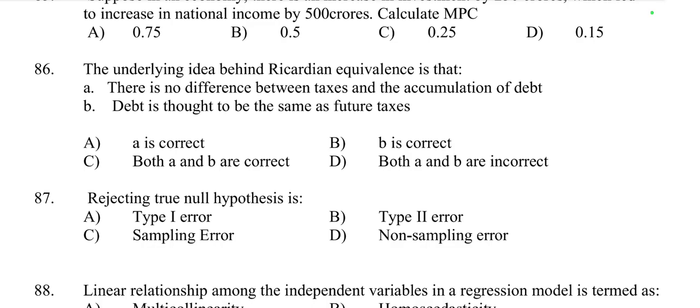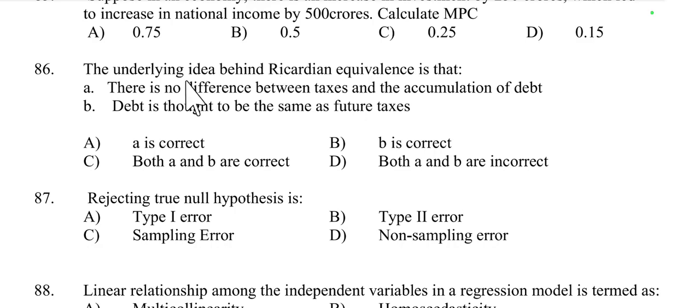It suggests that there is no difference between financing government spending through debt or taxes. This is because rational consumers anticipate that borrowing today will lead to higher taxes in the future to repay the debt. Therefore consumers save more to pay for the future taxes, making the impact of debt-financed spending equivalent to tax-financed spending.